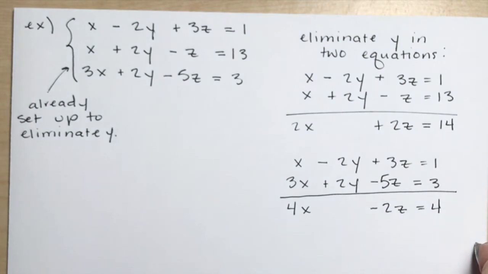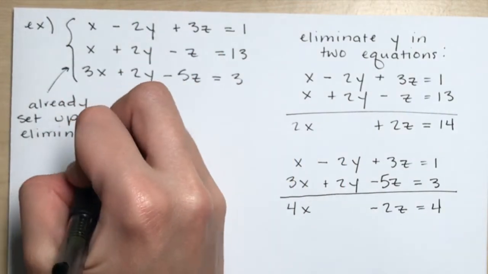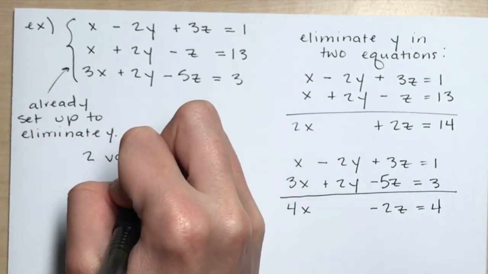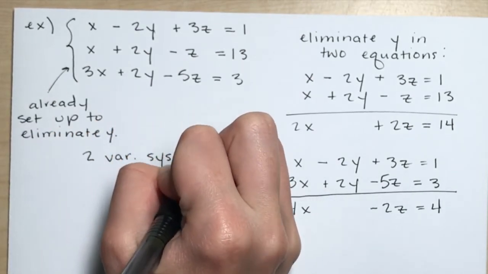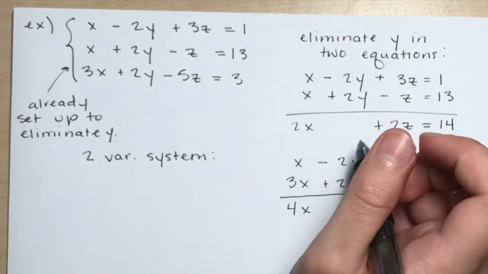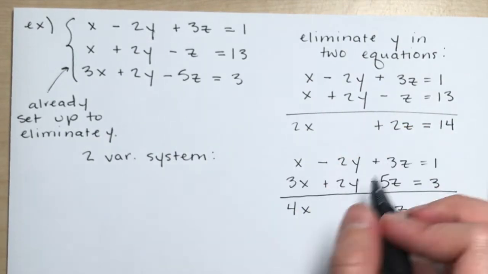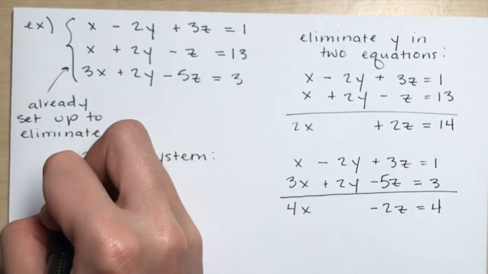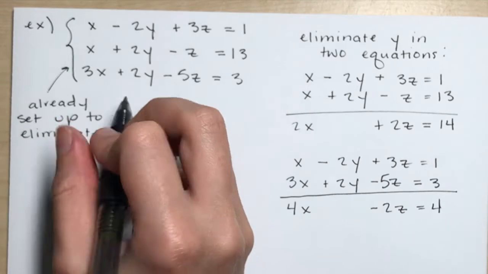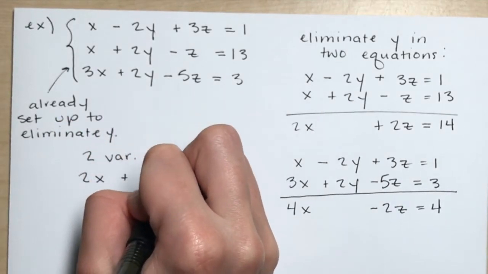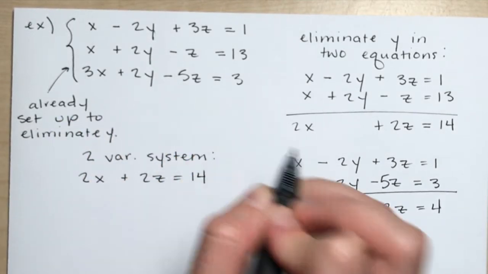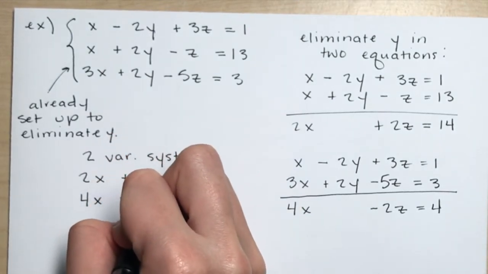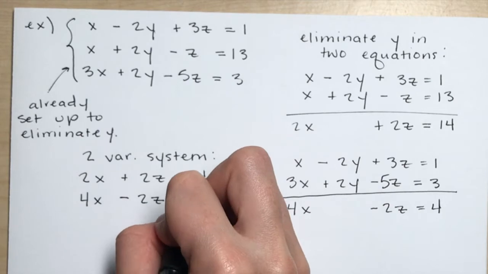Now we have a 2-variable system. That new two variable system is this guy and this guy. So we've got 2x plus 2z equals 14, and 4x minus 2z equals 4.